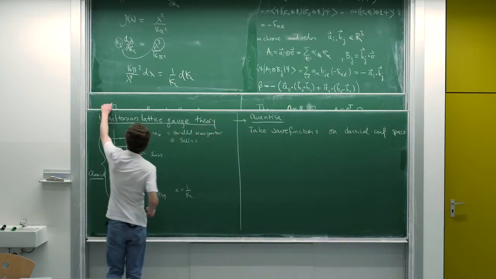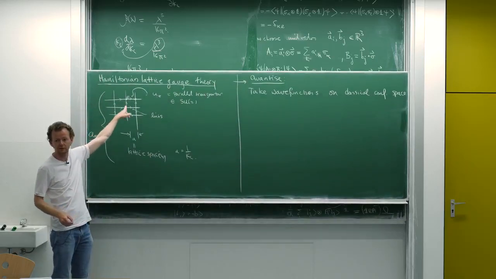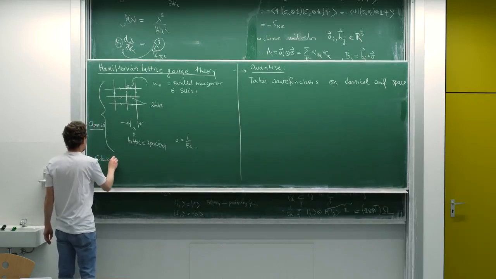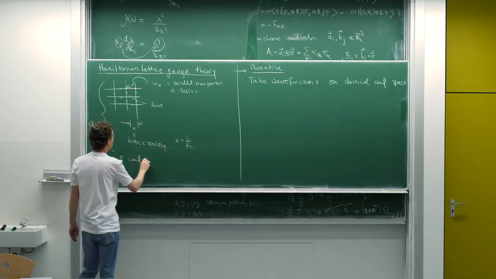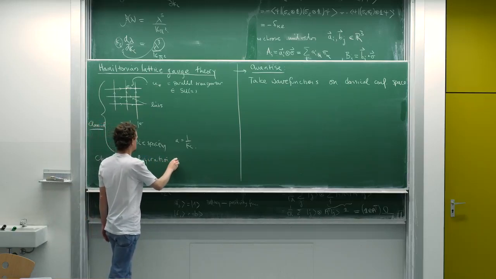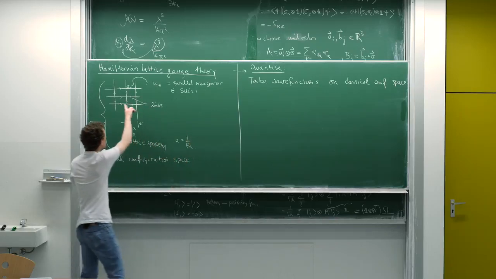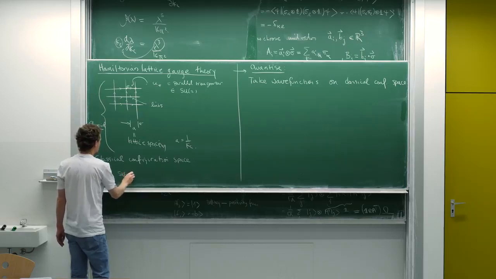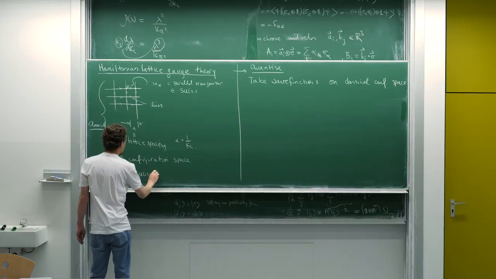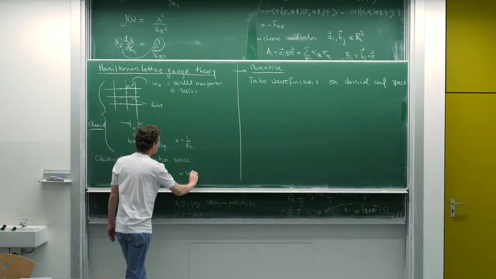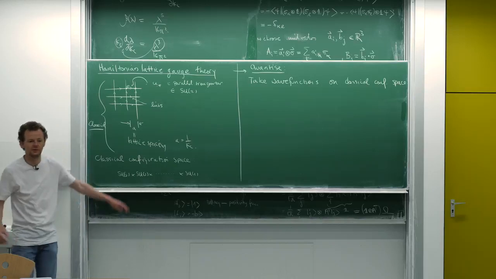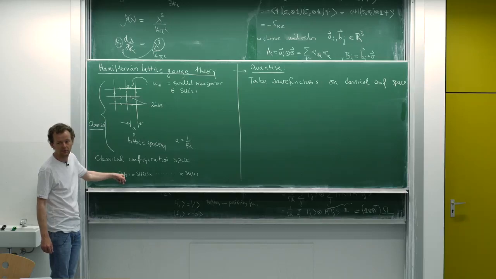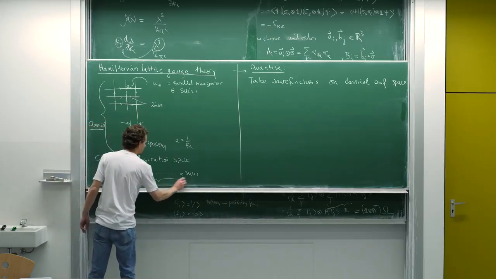I should say that the classical configuration space for a lattice gauge theory is the following. The classical configuration space for this lattice gauge theory is the Cartesian product of SU2 over all the links. You've completely specified the classical configuration of this lattice gauge theory if you've given a 2 by 2 unitary determinant 1 matrix for every link in the lattice.